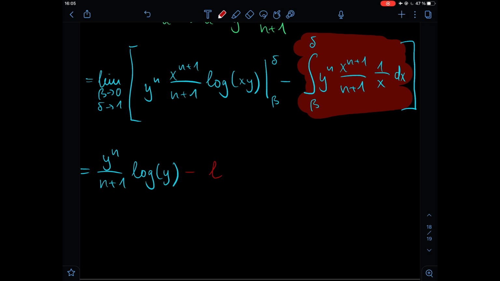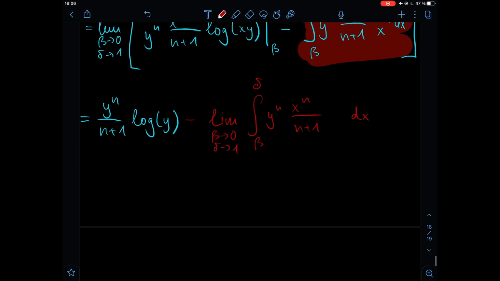This integral is minus the limit of beta going to 0, delta going to 1, times the integral from beta to delta of y to the power of n, x to the power of n plus 1 divided by n plus 1, times 1 divided by x dx. And of course we can cancel that, and then we have an x to the power of n here. And integrating is fairly easy because it's just a polynomial.